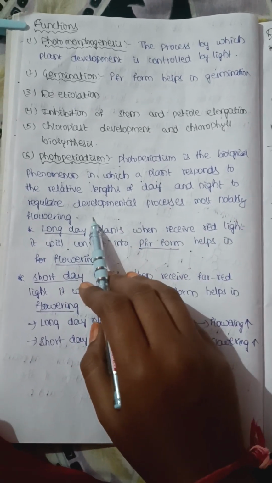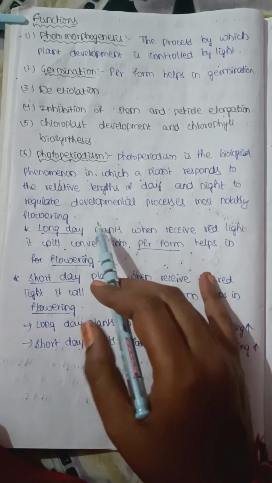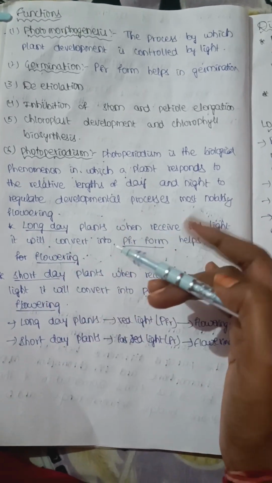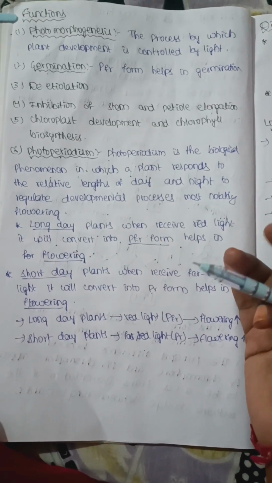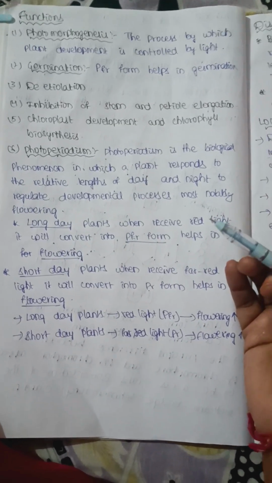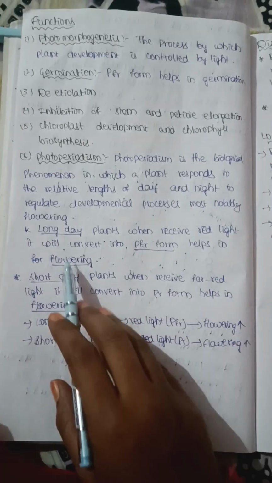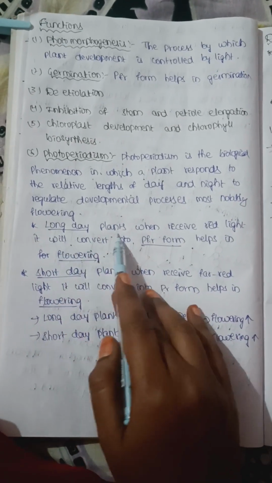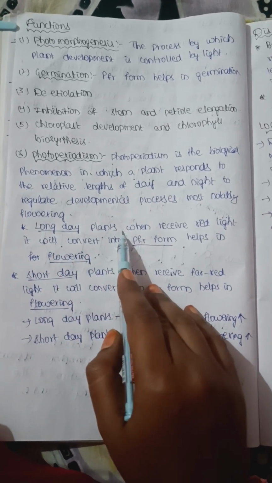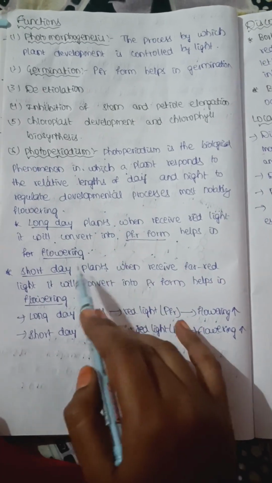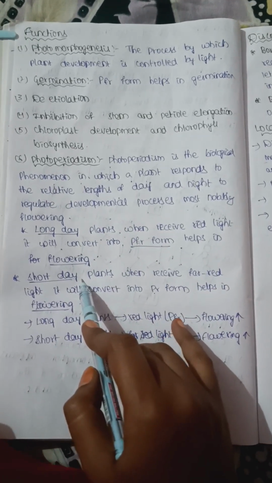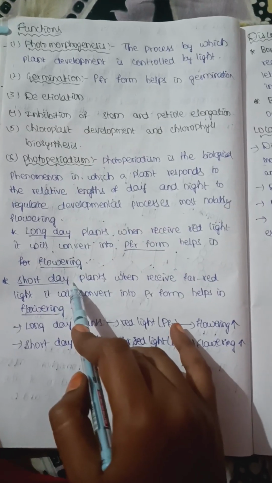So photoperiodism is the plant response to day length of light, especially for the flowering process. We know, right, long day plants require more daylight, and short day plants require a very short length of light.